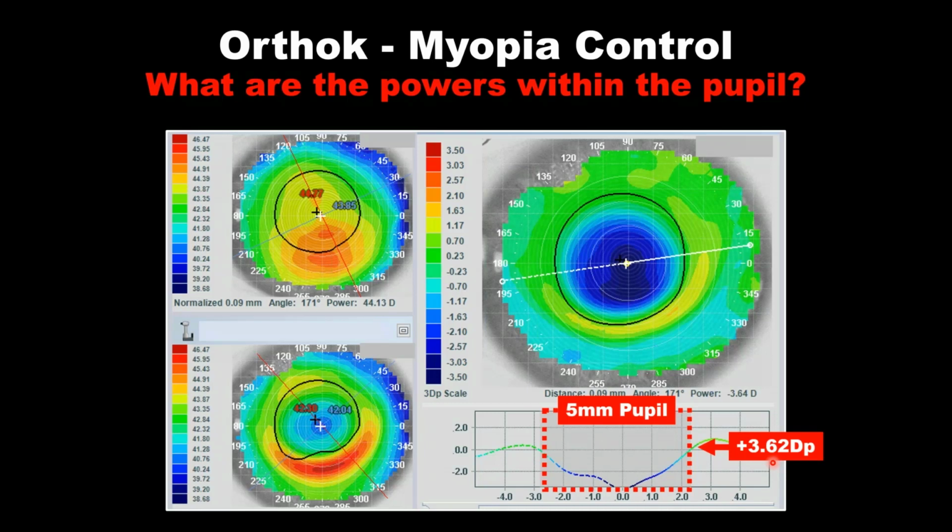And if we listen to the experts like Earl Smith at the University of Houston, he would suggest for myopia control, push the maximum plus power that's possible. Push as much as the patient can manage before the aberrations become a concern, before the patient starts losing quality of acuity.